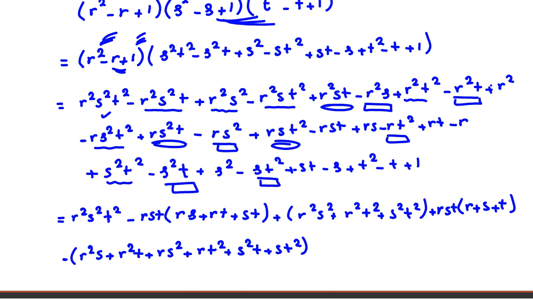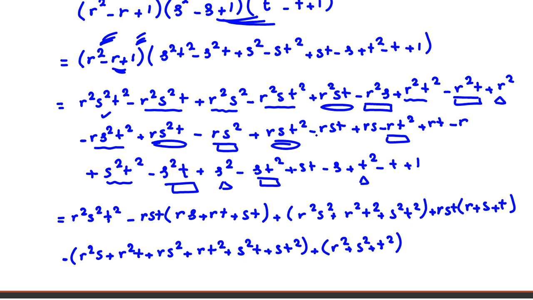Now let's see what things are left. R squared, s squared, t squared. So plus r squared plus s squared plus t squared. What are the other things?